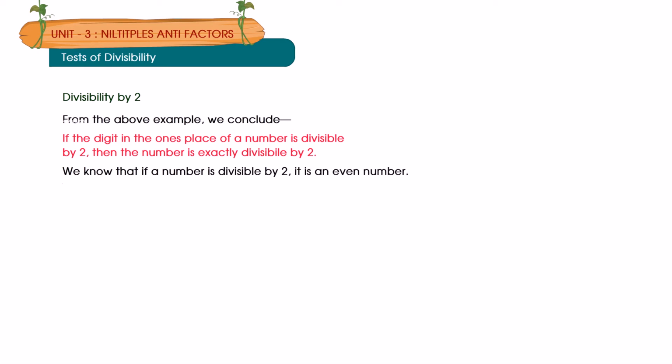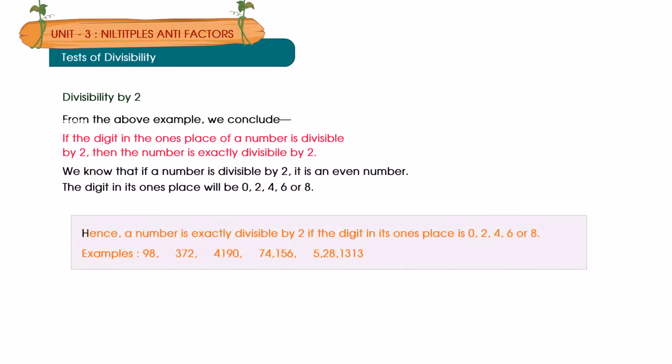The digit in its ones place will be 0, 2, 4, 6 or 8. Hence, a number is exactly divisible by 2 if the digit in its ones place is 0, 2, 4, 6 or 8.